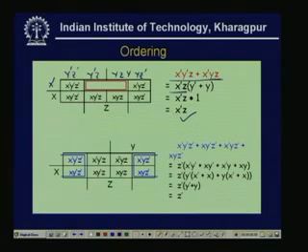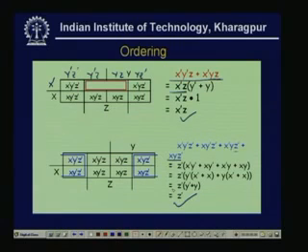Now already we have seen that if I take these 4 adjacent min terms, x dash y dash z dash, x dash y dash z, x y dash z dash and so on, meaning the first column and the last column, it is minimized to z dash.